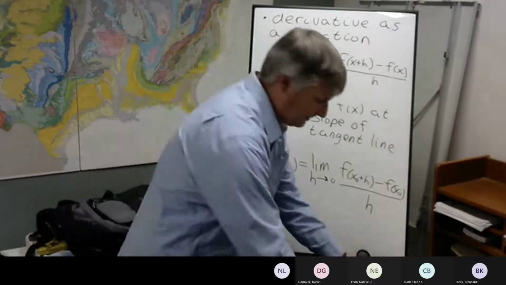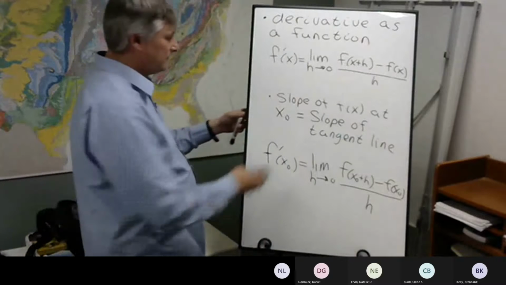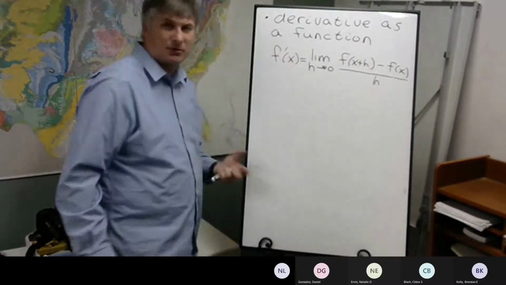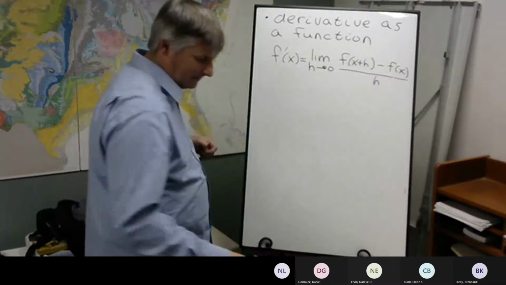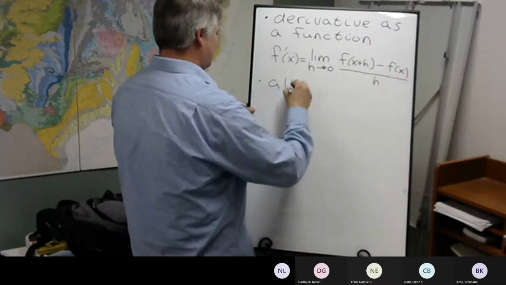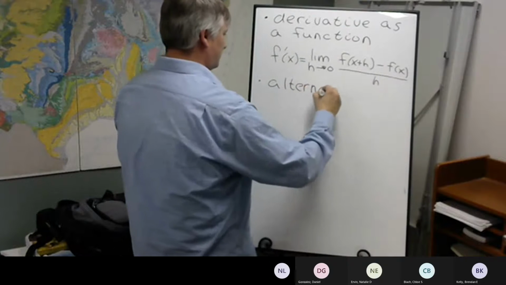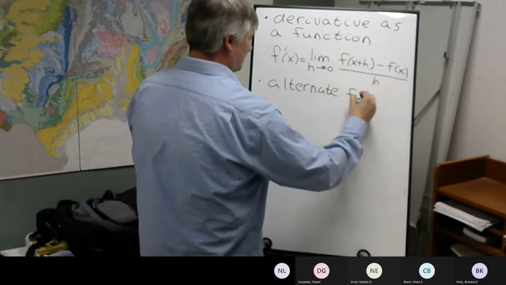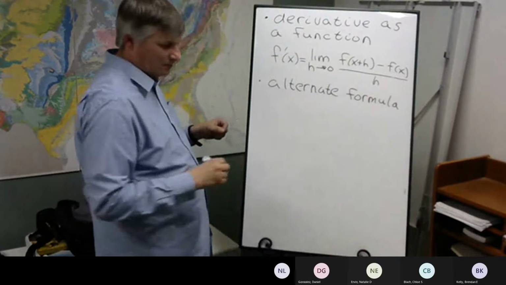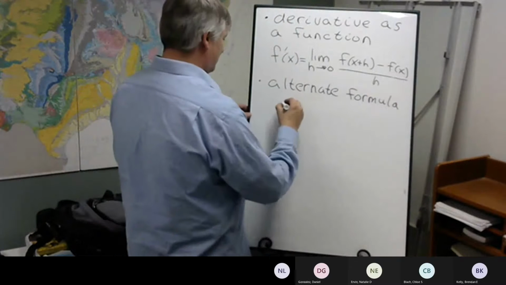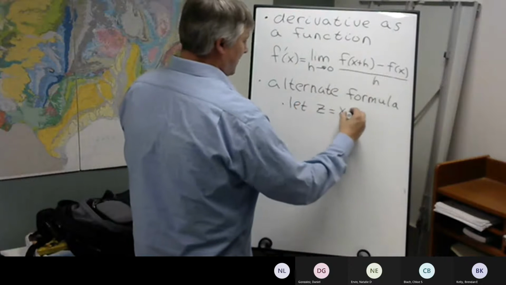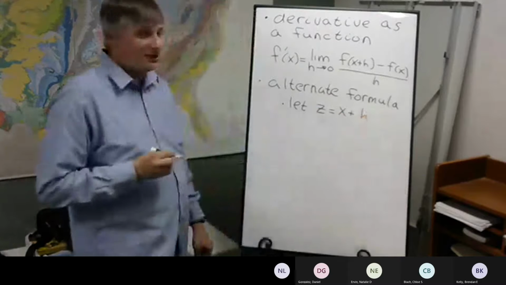So now there's another formula for this. And we're going to see this in action later. It's going to help us with the proof. So we'll let z equal x plus h.